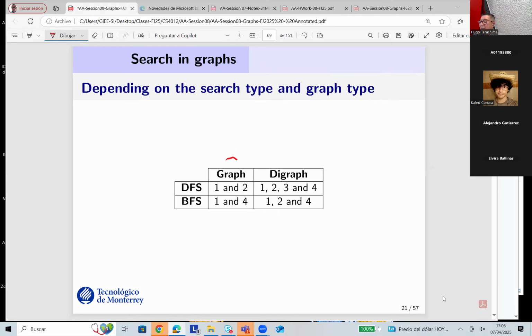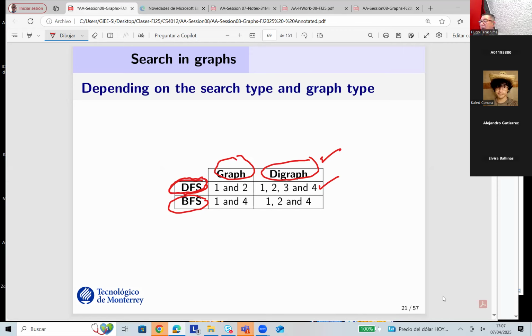I have a graph here, and I have a digraph here, and I have BFS here, and I have DFS here. So, for example, if I have a digraph and I'm doing DFS, depth first search, I can find all kinds of edges.